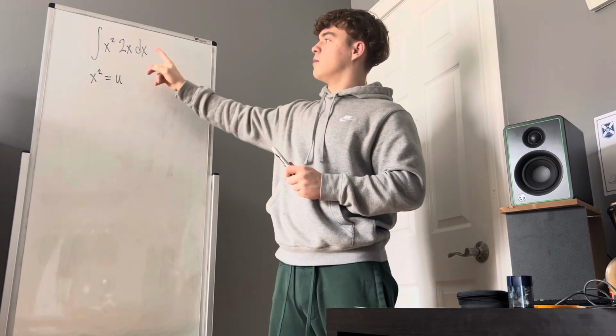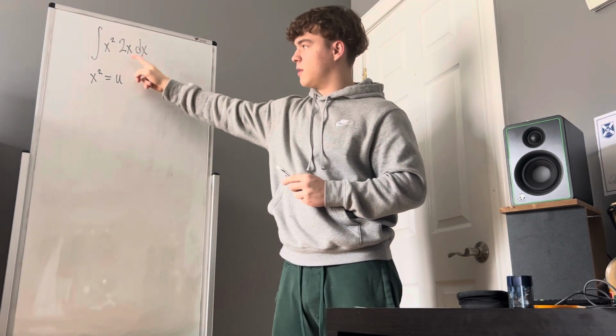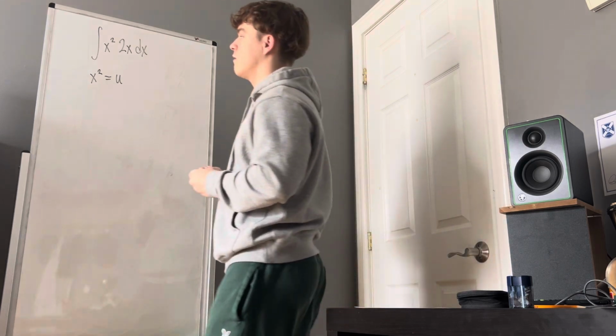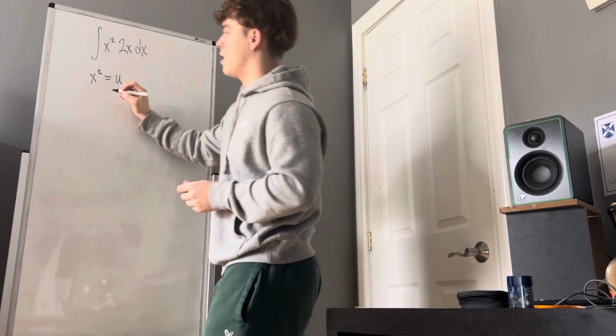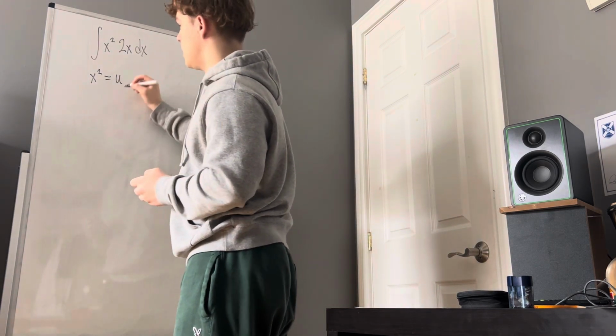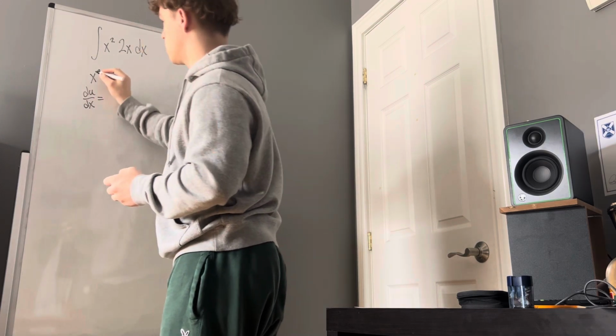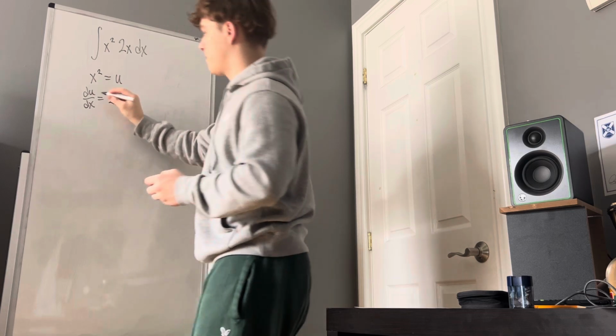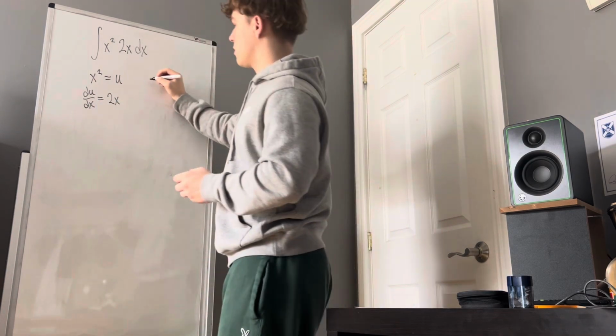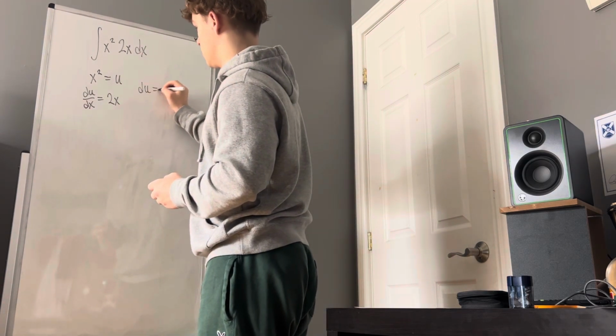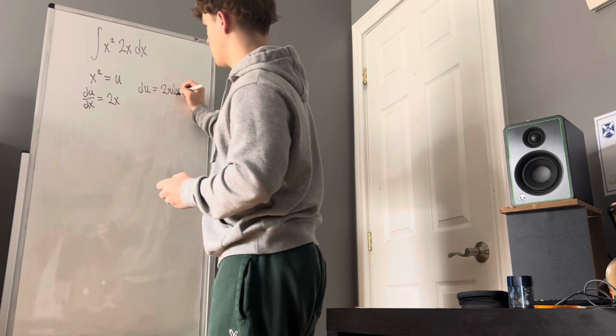Now we need to find what dx is, and we need to find what 2x is. So if we differentiate both sides, we have du over dx equals 2x. Cross multiply, du equals 2x dx.